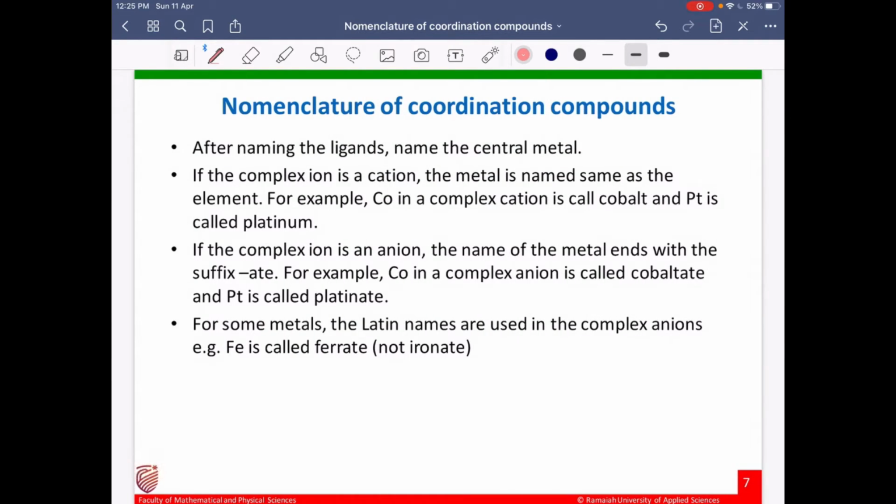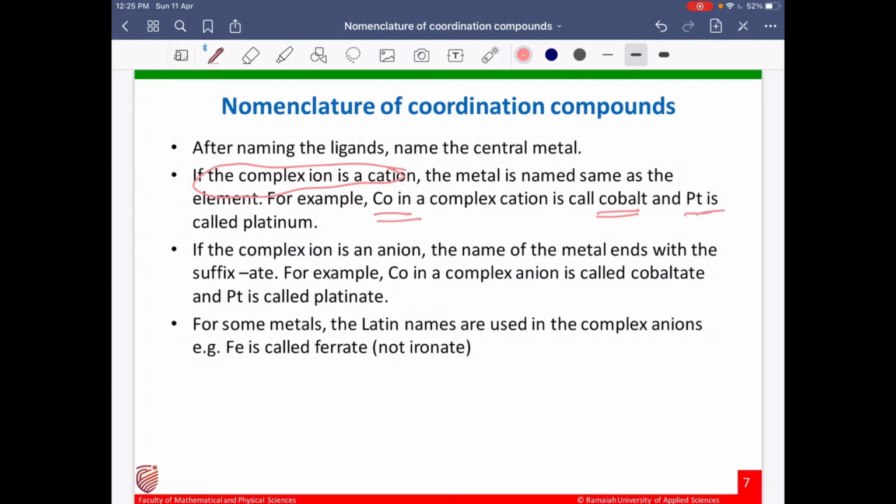After naming the ligands, we have to name the central metal. If the complex ion is a cation, then the metal is named the same as the element. For example, if cobalt is the central metal atom or ion and the complex ion is a cation, then the metal will be called cobalt.